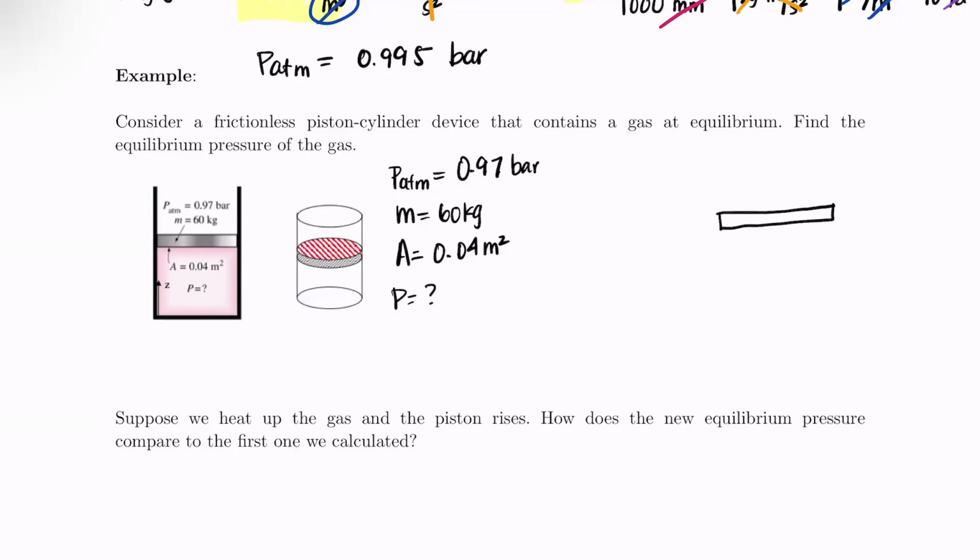All right, and we're gonna draw the forces that are on it. So what forces do I have on this guy? Yeah, so we have the force of the atmospheric pressure. Thank you, Mark. So this is going to be P atmosphere times the area. That's how we translate our pressure into a force, pressure times area.